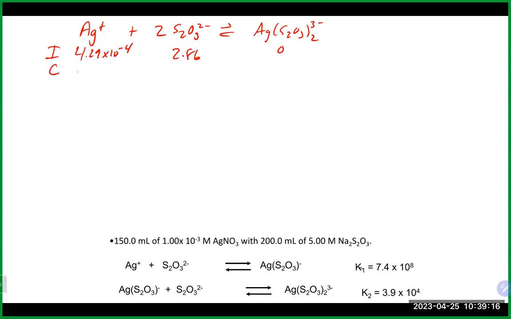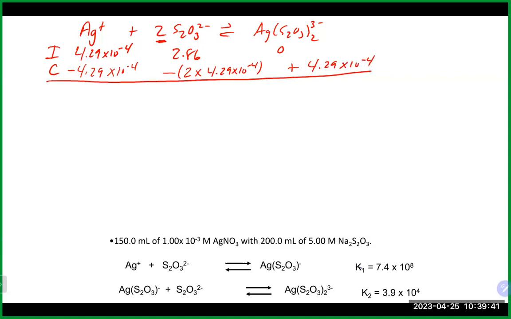Change here would be, again, our assumption that all of the metal is going to get used up. So our change would be our metal, 4.29 times 10 to the minus 4. This will be minus, once again, we do need to take that 2 into account. 2 times 4.29 times 10 to the minus 4. And this would be plus 4.29 times 10 to the minus 4.